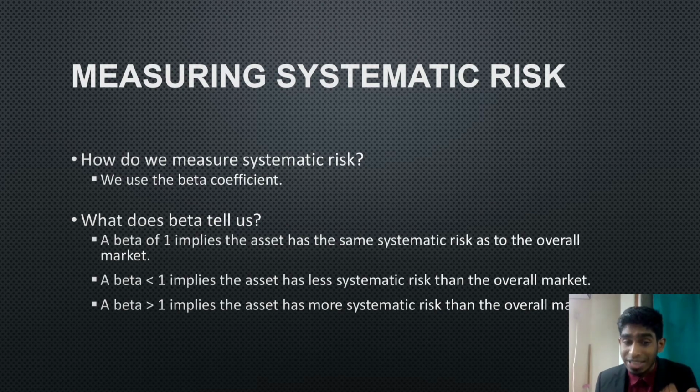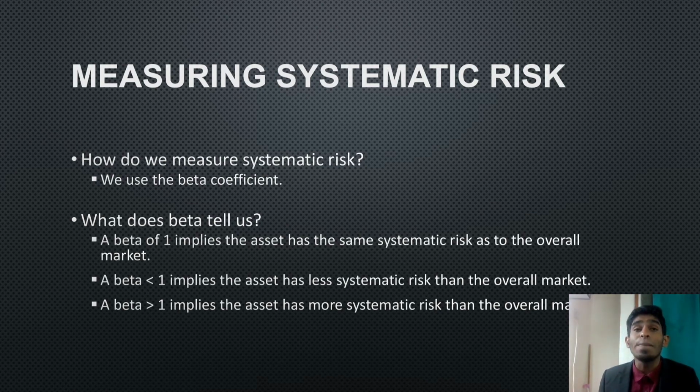If you get less than 1, then the asset has less systematic risk than the overall market. Okay, kalau kurang daripada satu, ia merupakan kurang systematic risk daripada keseluruhan market tersebut.